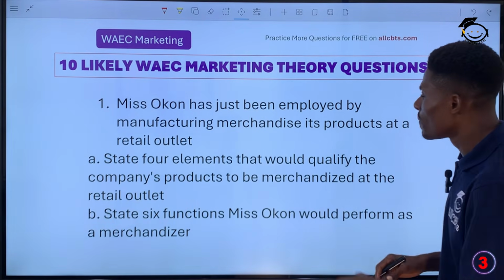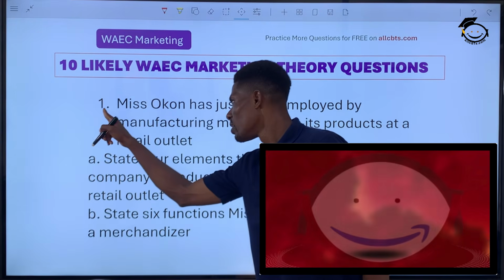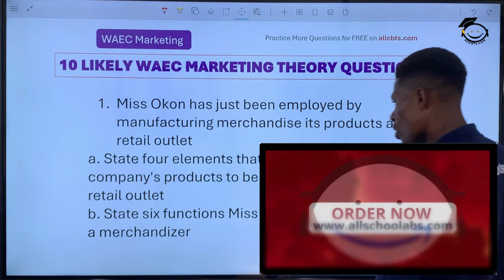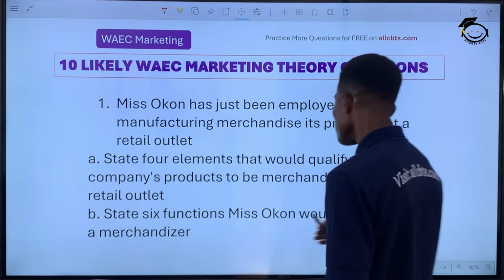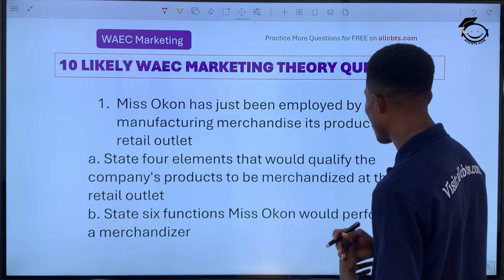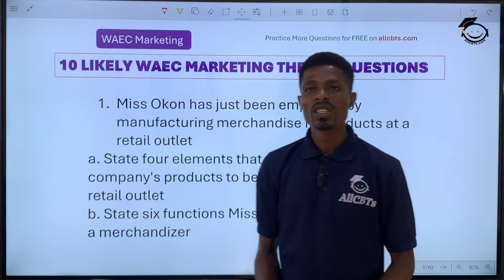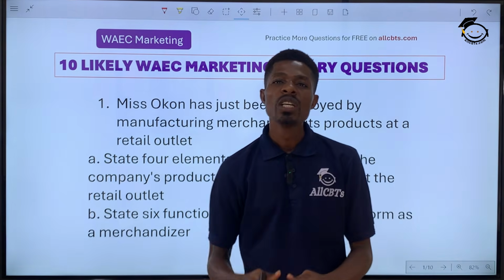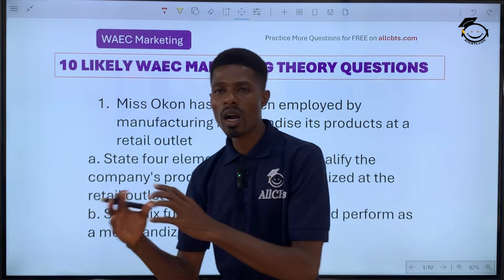Now, let's go to the second question under number 1, section B of question 1. State 6 functions Miss Okon would perform as a merchandiser. What are the 6 things she would do in order for the products to be properly displayed, to catch the attention of the customer?